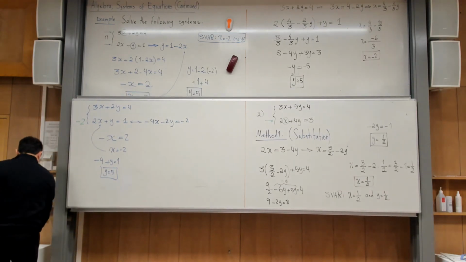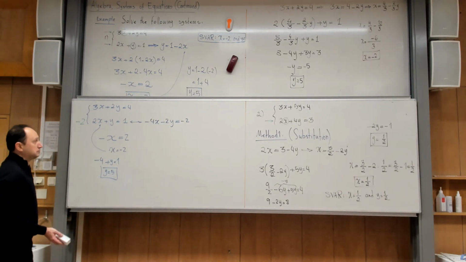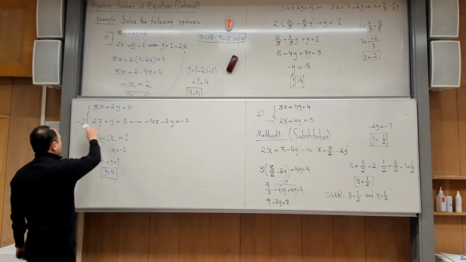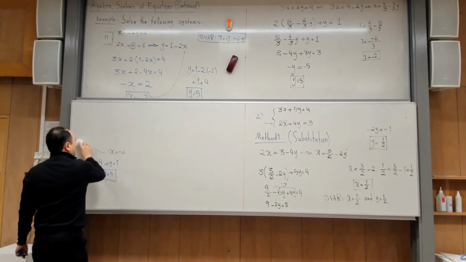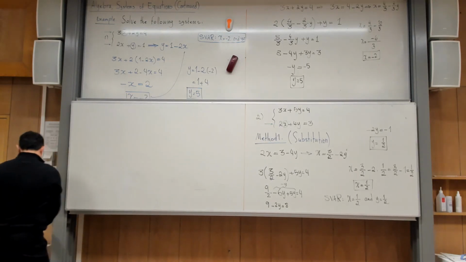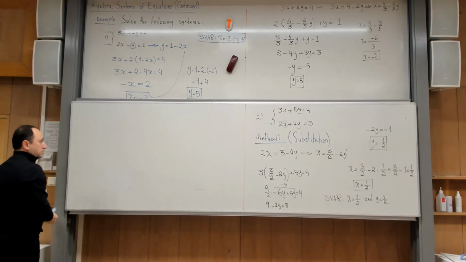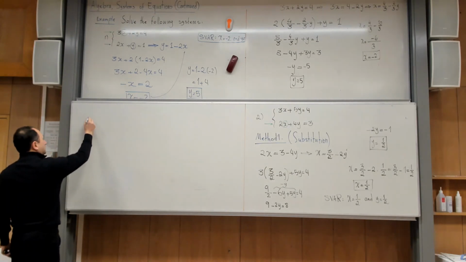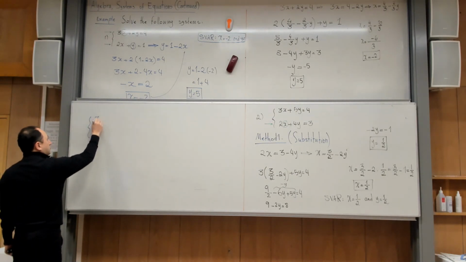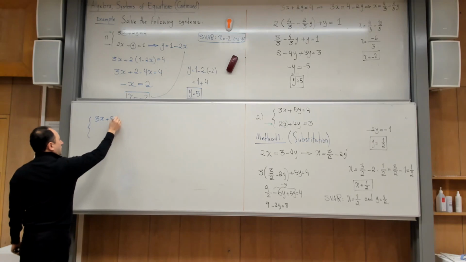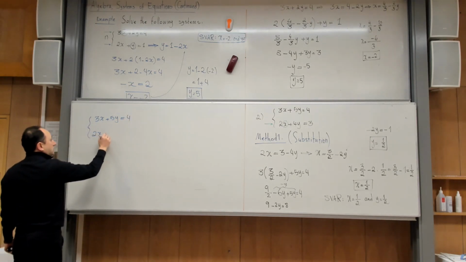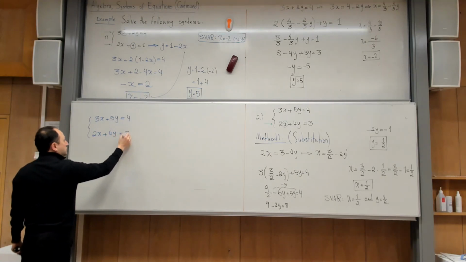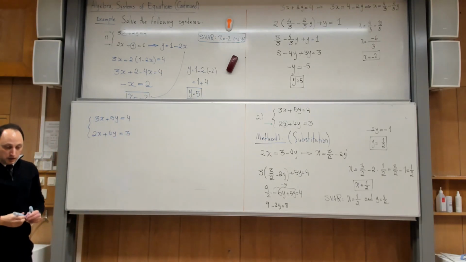But now, let me solve the same system, this time using the addition method. So let me write everything from scratch again. Let me write the system here in front of your eyes. I have 3x plus 5y equals 4, and then I have 2x plus 4y equals 3.